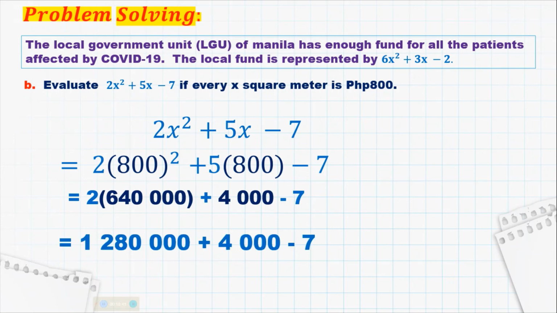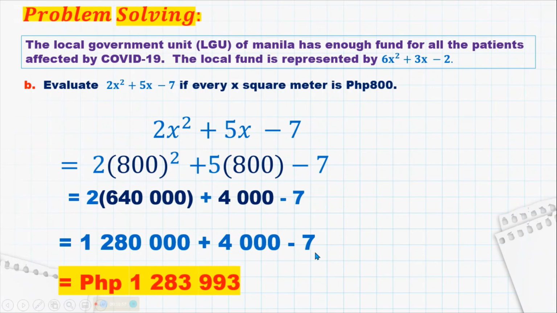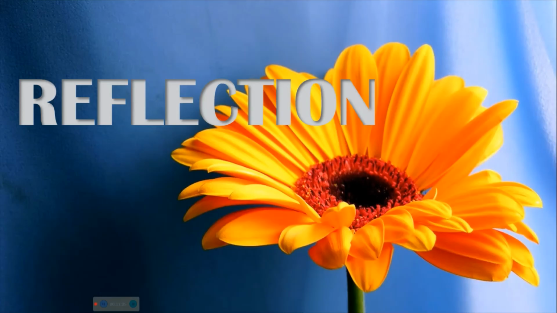And then, kapag minultiply mo itong dalawa, that will be 1,280,000 plus 4,000 minus 7. So, the answer is 1,283,993.